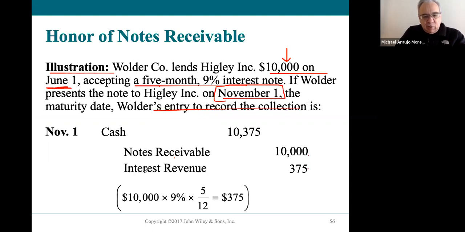Interest has to be recorded as revenue. So any interest you earn on a note is interest revenue. Okay. So in this case, the interest revenue is $375, and that's done by taking the 10,000 times the 9% times the 5 months divided by the 12-month period, and that's $375.